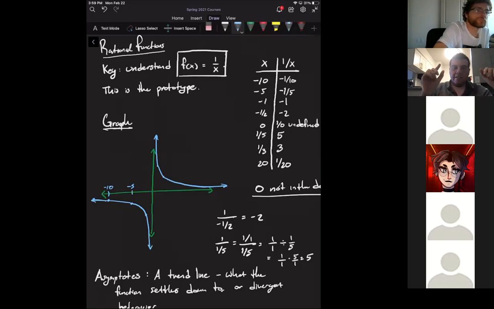Those slices would be very thin and very small. So if we plug in 1,000 to this function, we get 1 divided by 1,000, which is 1/1000th, a very small number.